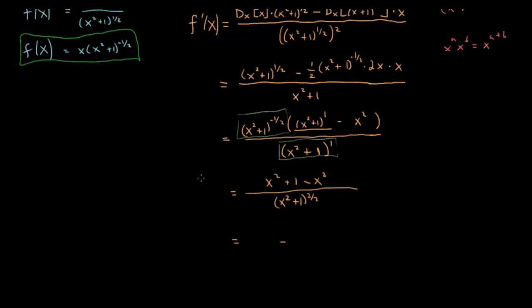Okay, so that is simply a positive 1 left over on the numerator, and x squared plus 1 to the 3/2 power on the denominator. Now, if you really wanted to, you could say that's equal to 1 over the square root of x squared plus 1 cubed.